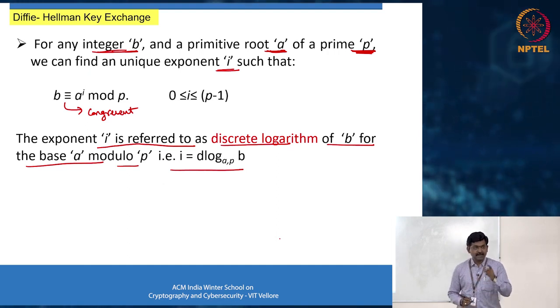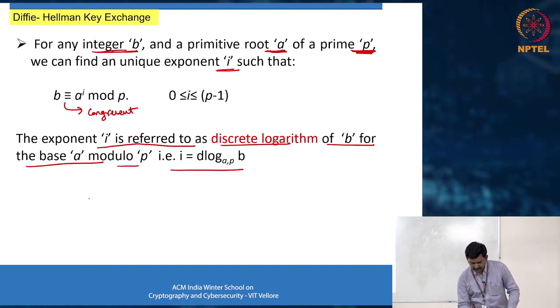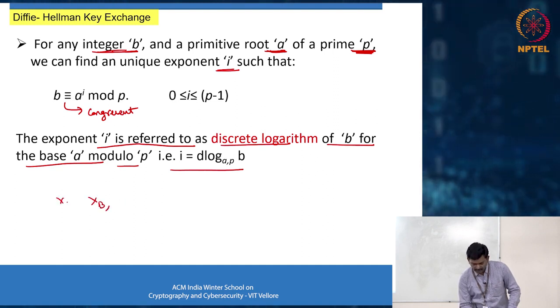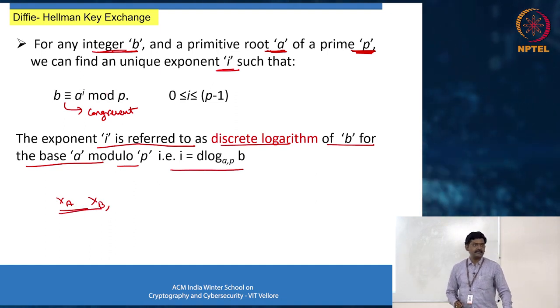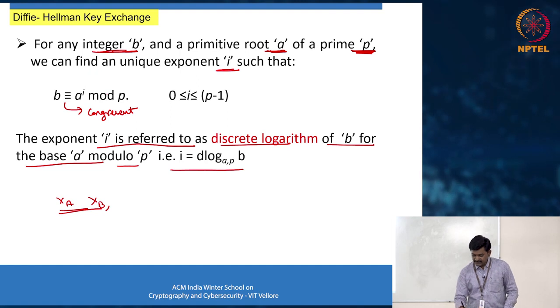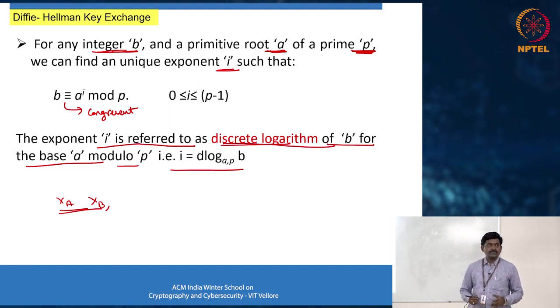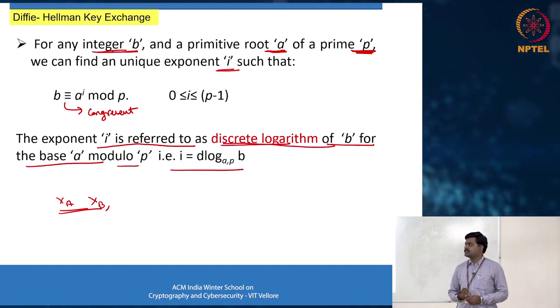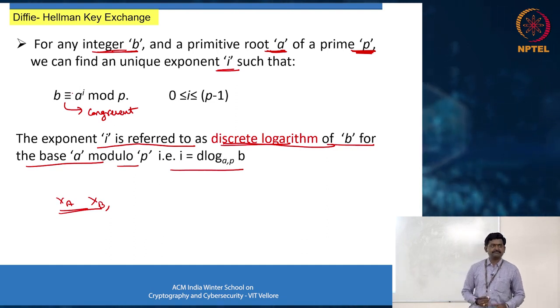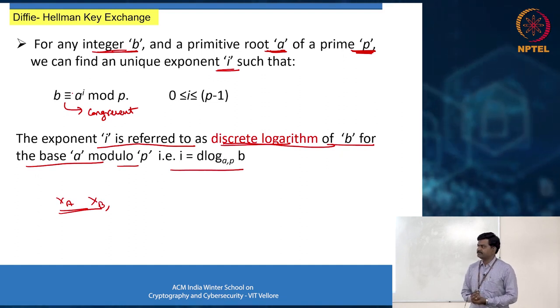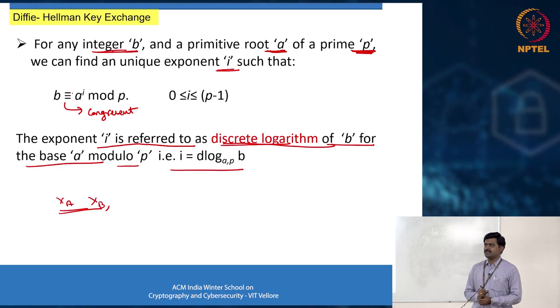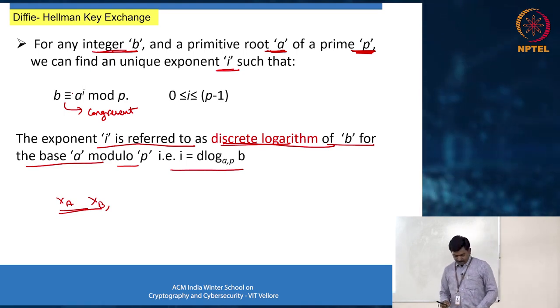The private key values, either xb or xa. What is that power referred to as? The discrete logarithm. There is no computationally feasible algorithm to calculate that particular power. That is the strength of which algorithm? The Diffie-Hellman key exchange algorithm.